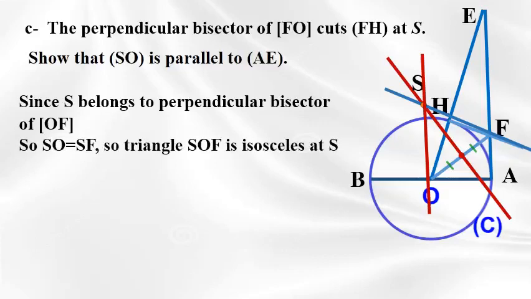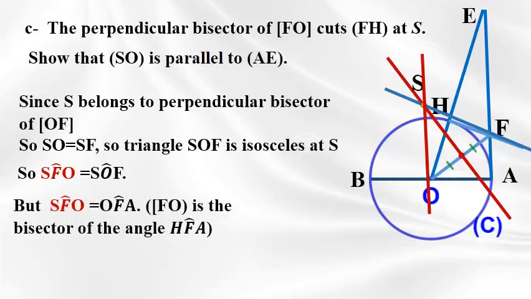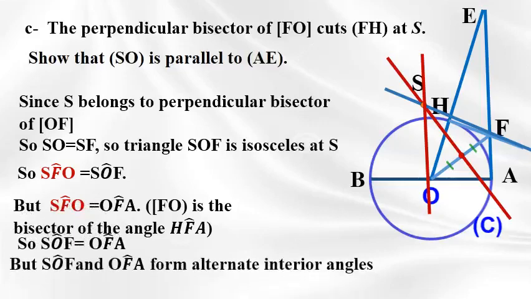So the triangle SOF is isosceles at S. So the angle SFO is equal to SOF. And we have that SFO is equal to OFA because FO is the bisector of the angle HFA. That means SOF is equal to OFA as angles.